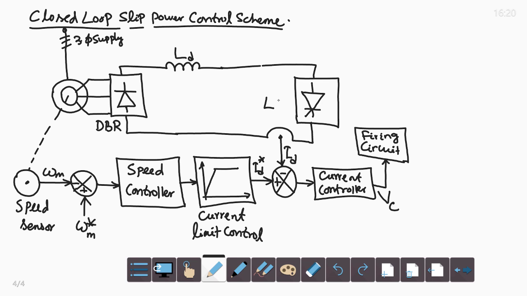This is the line commutated inverter whose alpha is controlled from the firing circuit in response to the control voltage Vc, and this one is a 3-phase transformer.